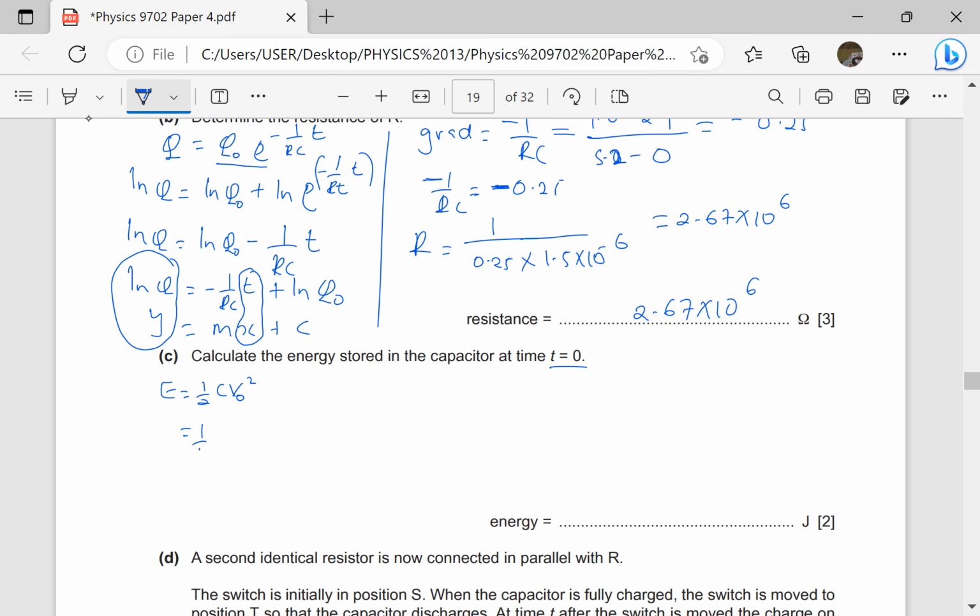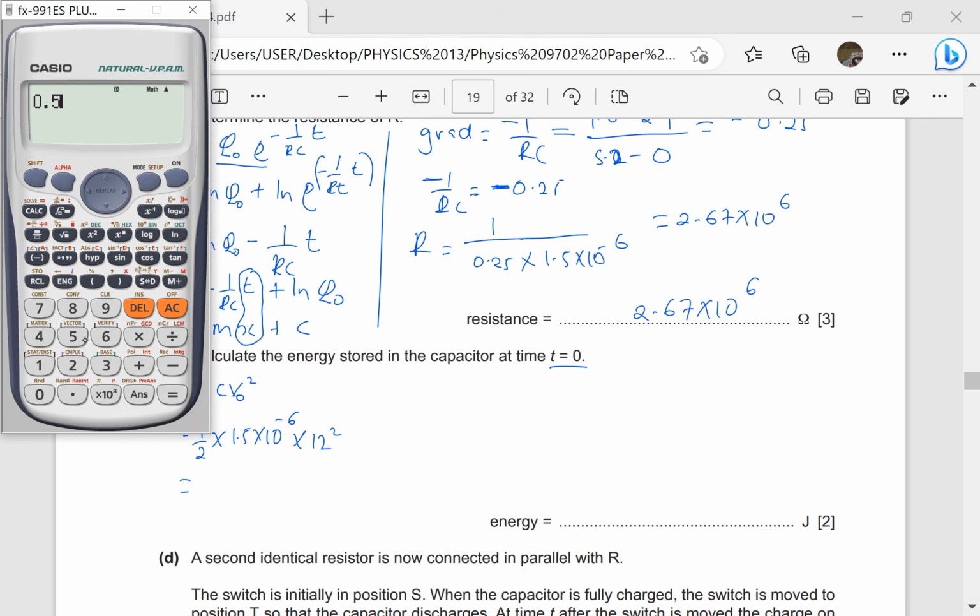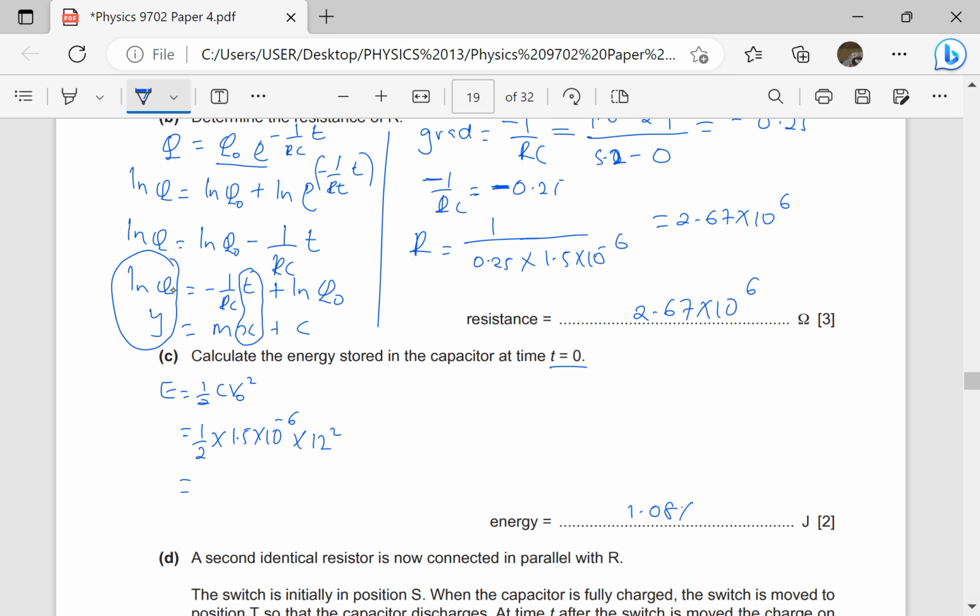So this will be a half, capacitance is 1.5 times 10 power negative 6, then times 12 squared, which is 0.5 times 1.5 times 10 power negative 6, times 12 squared. That gives us 1.08 times 10 power negative 4, or 1.1.